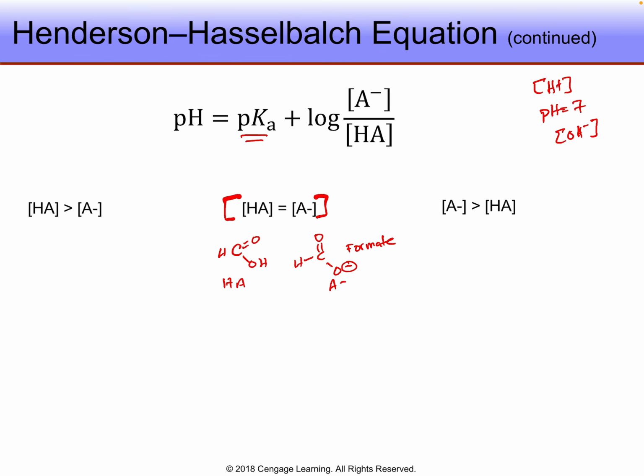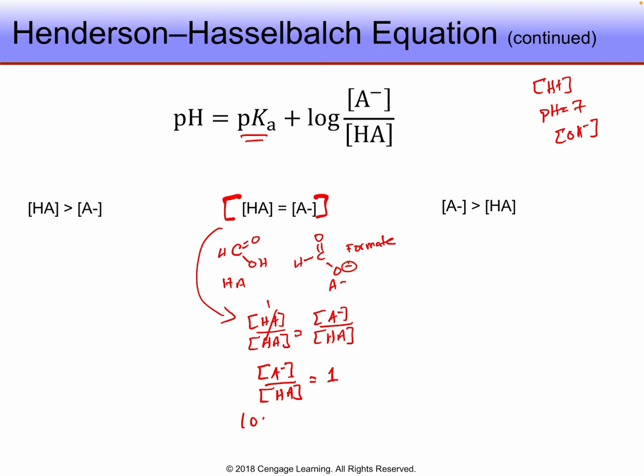And if I take this equation and I divide both sides by HA, then I wind up with HA divided by HA equals A minus divided by HA, right? Anytime I have an equation, I can do the same thing algebraically to both sides. Well, HA divided by HA is equal to 1, right? So that means that this ratio is equal to 1 when they're both the same concentration.